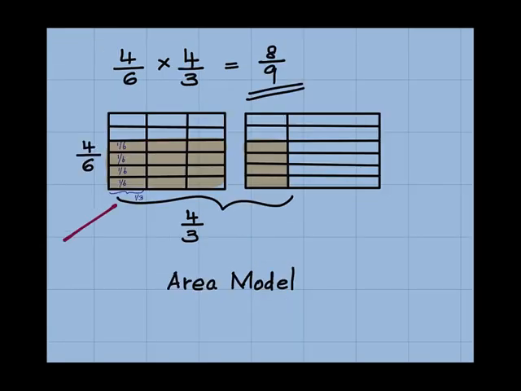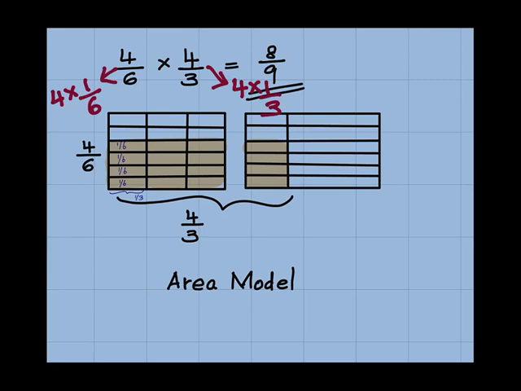So in this problem, this picture represents the area model for the question 4/6 times 4/3. Let me explain. 4/6 has a whole 4 in it and a fraction 1/6 in it, and 4/3 has a whole 4 in it and a fraction 1/3 in it.